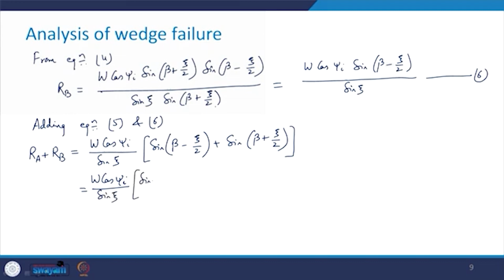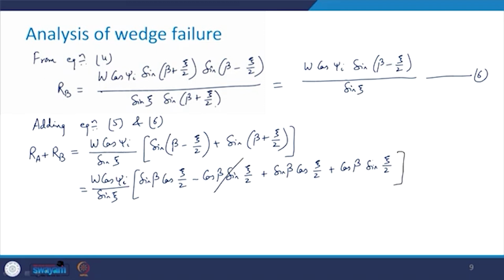I will have here sin beta cos of zeta by 2 minus cos beta sin zeta by 2 plus sin beta cos zeta by 2 plus cos beta sin zeta by 2. This is what we are going to get.